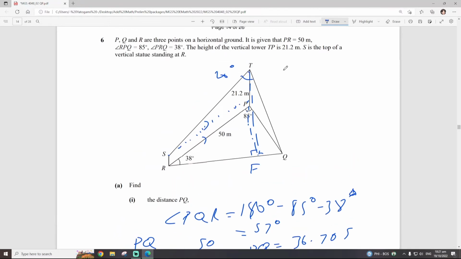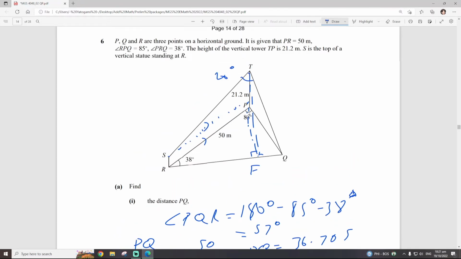Okay, so angle of depression. Oh no, it's not this. It's this. Draw this parallel. This is the 20-degree angle. Okay, angle of depression of S from T. The language is very important. So 20 degrees.